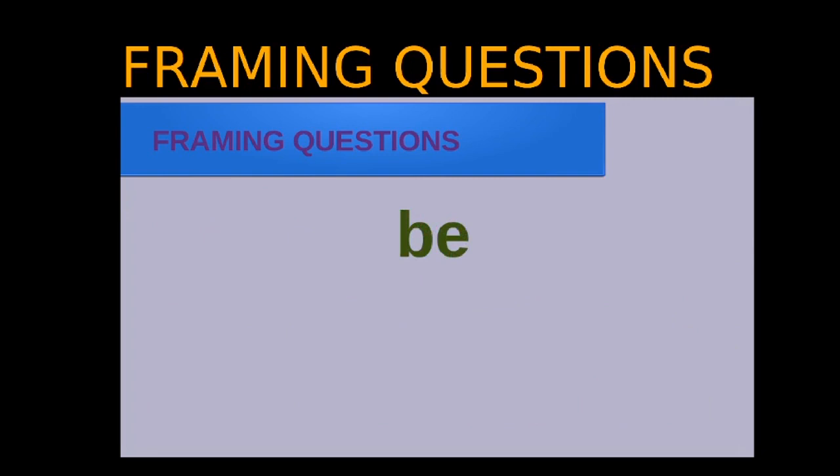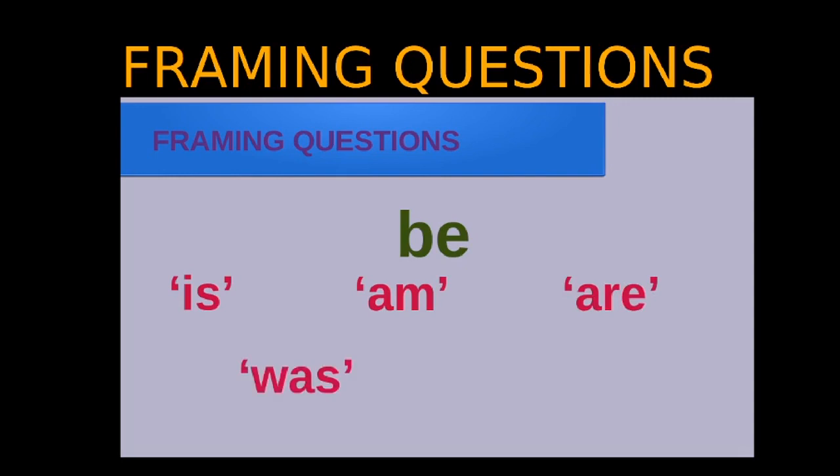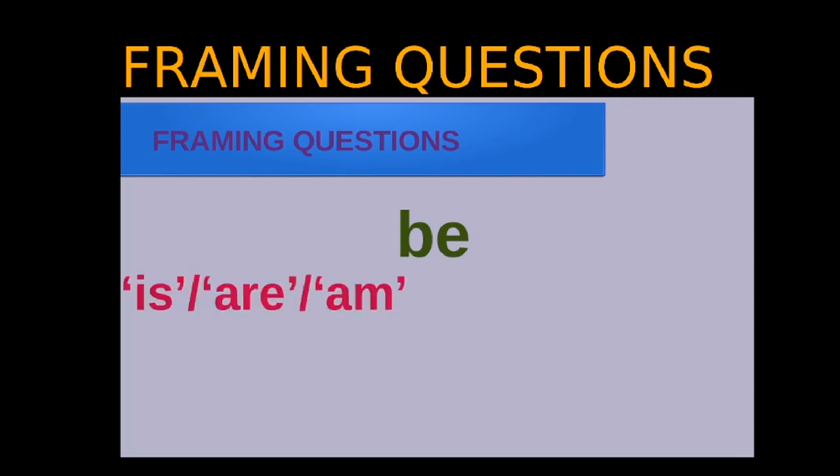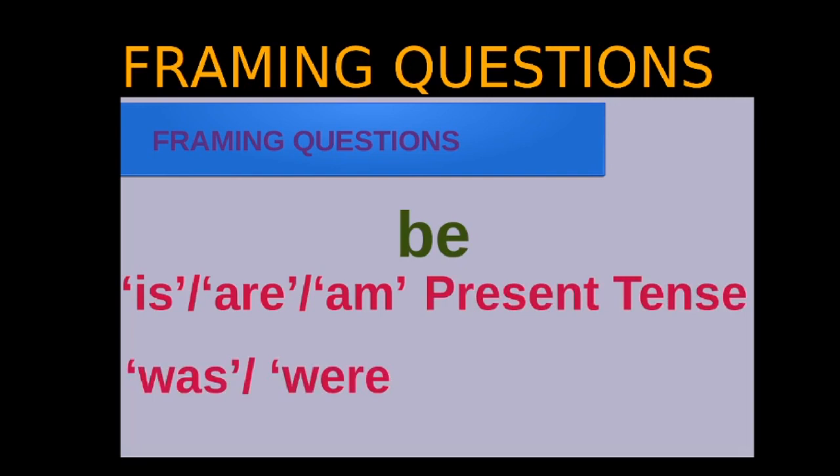Coming to the next helping verb, be. The forms of be are is, am, are, was, and were. So is, am, and are are present tense, and was and were are past tense.